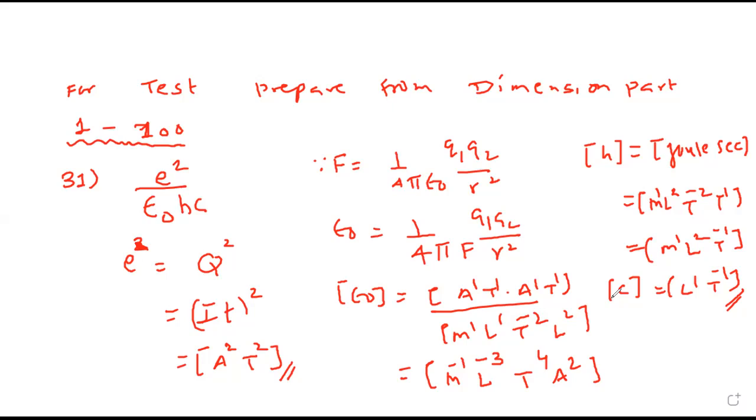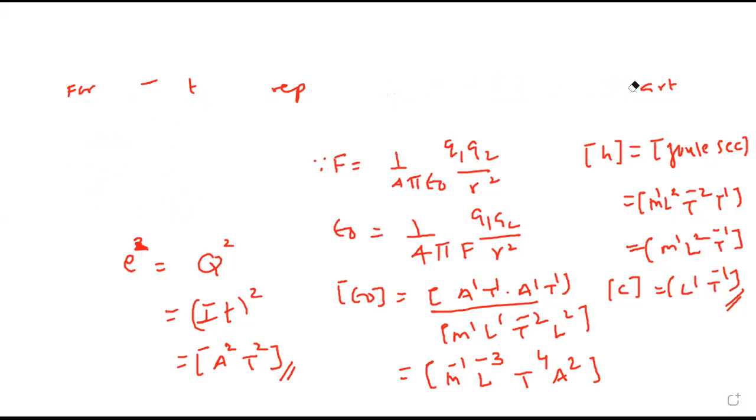Done, sir. Okay. Now I'm just combining all. E square upon epsilon naught HC, in the denominator.